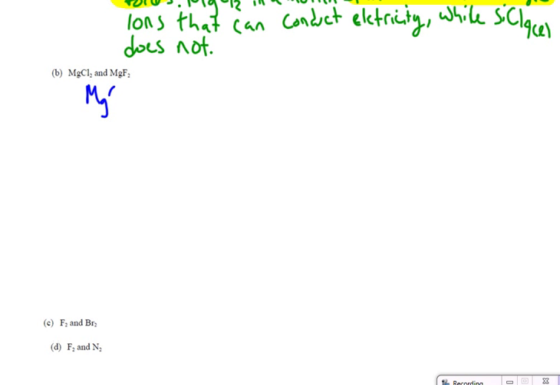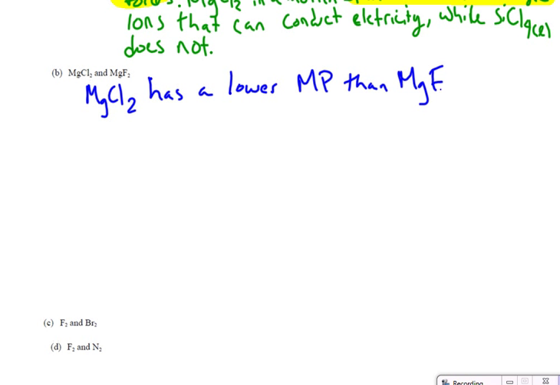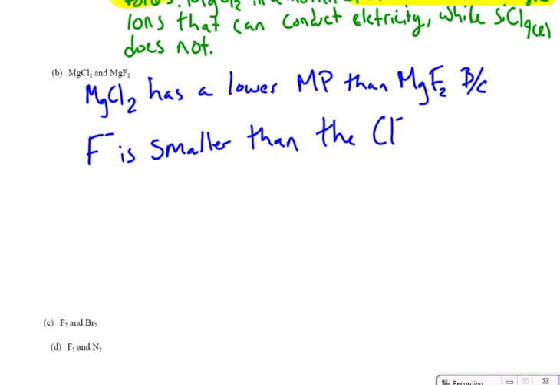We know that magnesium chloride has a lower melting point than magnesium fluoride because the fluoride ion is much, well, we don't know if it's much because I'm not a particle physicist, let's just say smaller than the chloride ion.